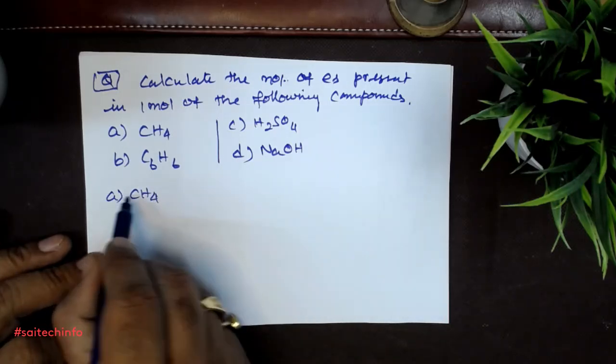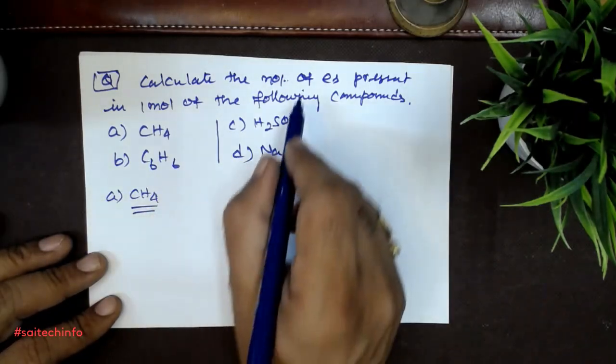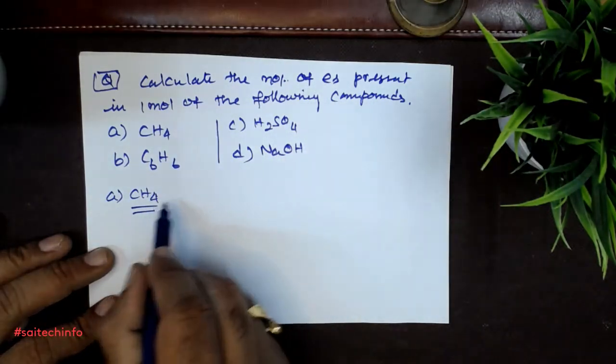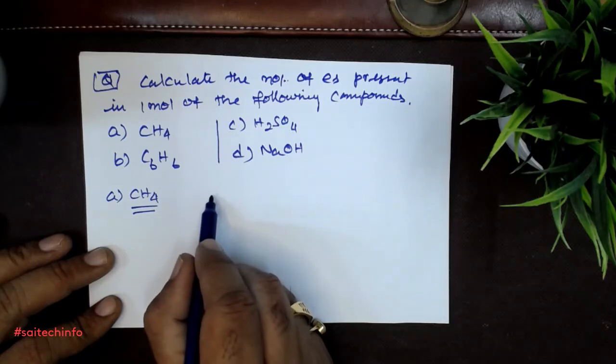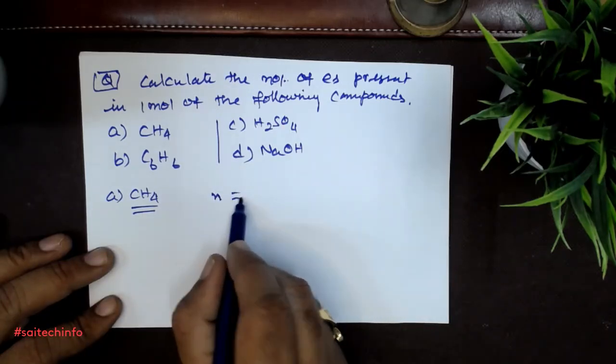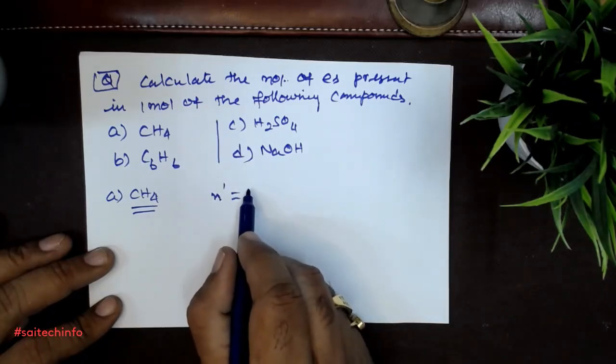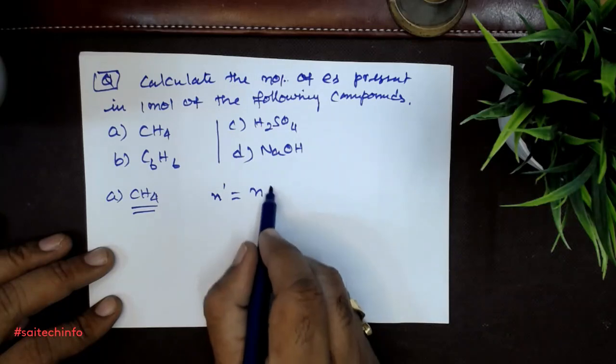Let us have the general concept about the number of electrons. Number of molecules, N dash, is equal to mole into Avogadro's number.